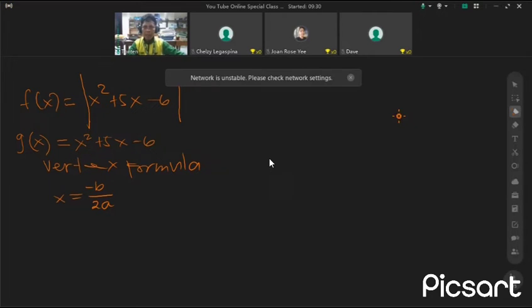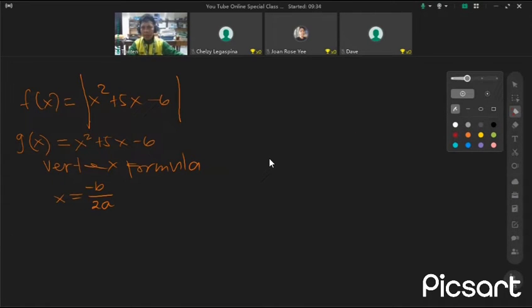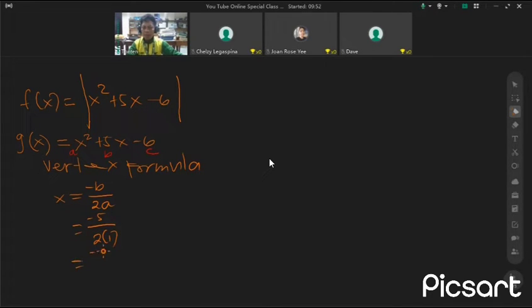This is our a, the leading coefficient. This is our b and this is our c. Substituting, we get negative 5 all over 2 times 1, which is negative 5 over 2.